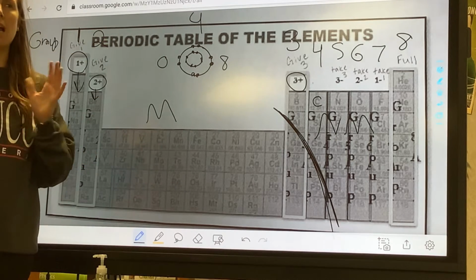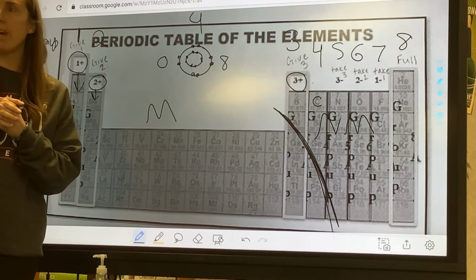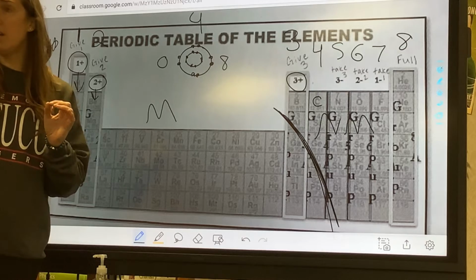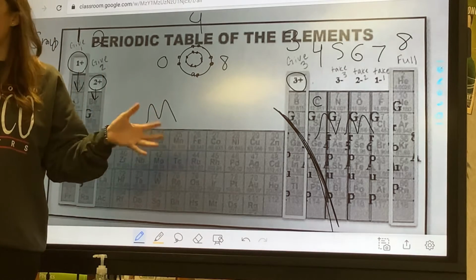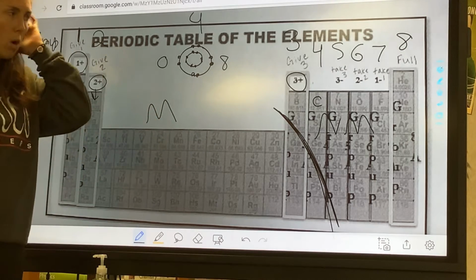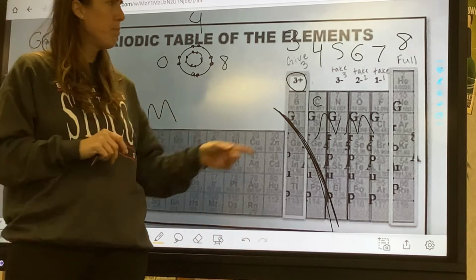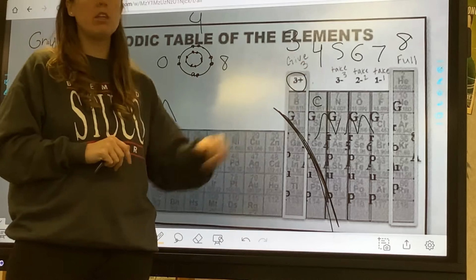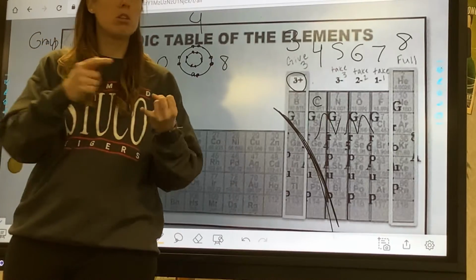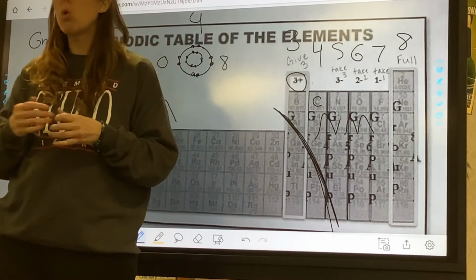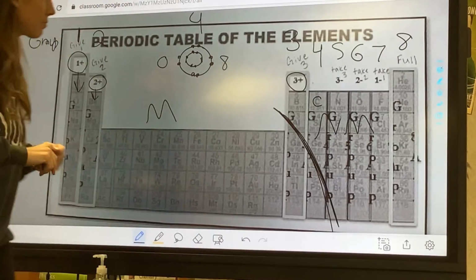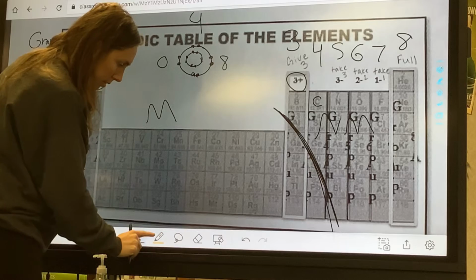So I say it could go both ways, but carbon for the most part likes to be covalently bonded, and it likes to just be that middleman between everything. So on your quiz tomorrow, when I ask you why group 4 does not have anything, you could say it's just as easy to lose 4 as to gain 4, or you could say it likes to be covalently bonded instead. Okay, next one.